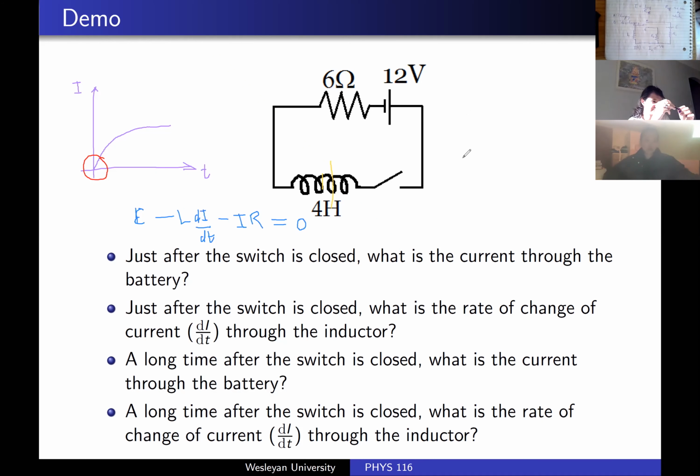Well, there's no current, so they aren't moving. Of course, it gets a little more complicated than that. But basically, the inductor responds to, when we close the switch, the electric field spreads from the battery. The coils in here respond to that changing electric field and create an EMF in the opposite direction. Okay.